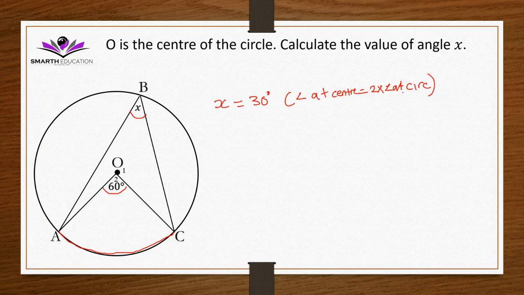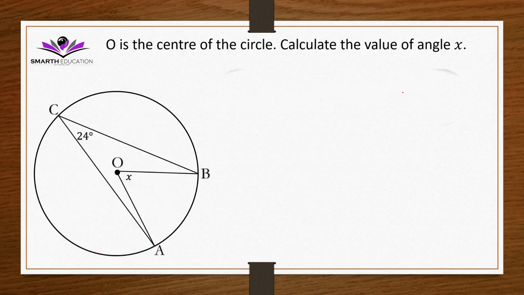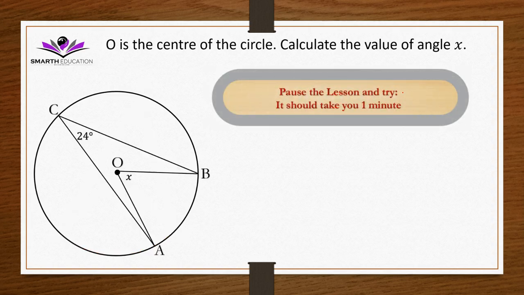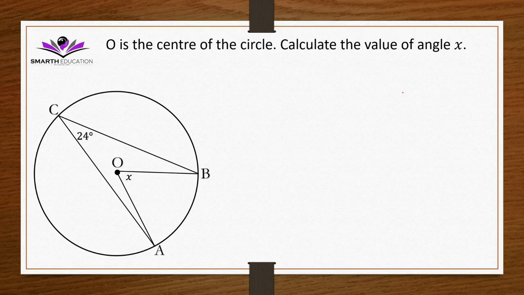Okay, right, done. We're going to the next one. We're going to be fast on this one because it's easy questions. Right, let's try this one. Another minute. Well done. What did you get? Did you get 48? That's it. Yes. So these angles are subtended by the arc AB. We can see the arc AB there.